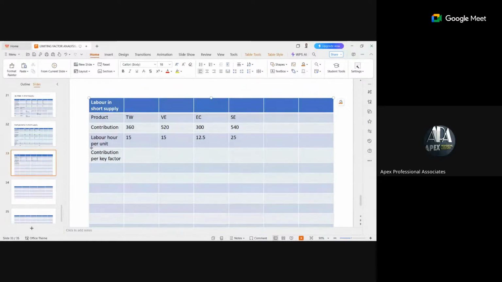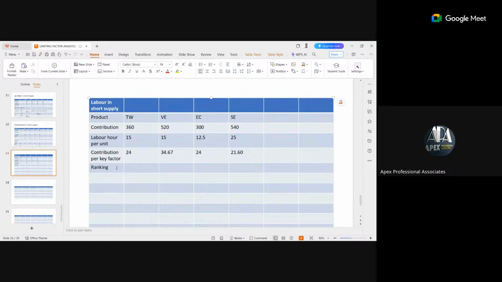Contribution per key factor. We have 24, this will be 24.67, and this will be 34.6, and 21.6.